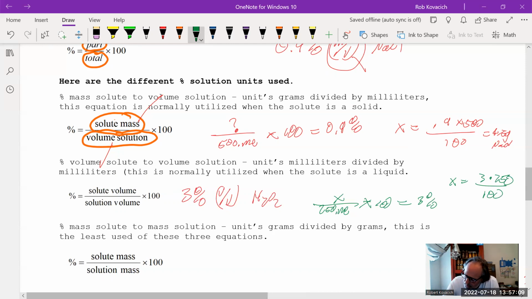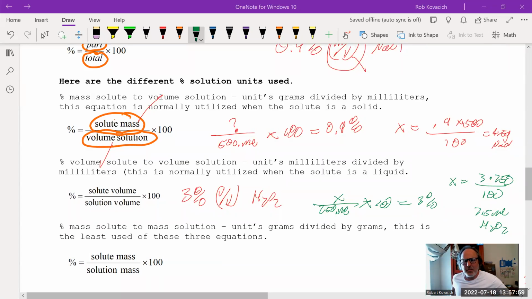Let's see, that would be 7.5 milliliters of hydrogen peroxide. So the way this works is they put 7.5 milliliters of straight hydrogen peroxide into a container, and then they would fill that container up to the 250 milliliter mark to have your solution.